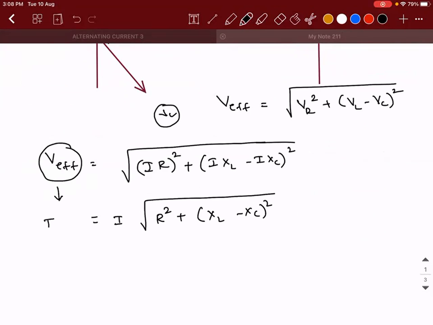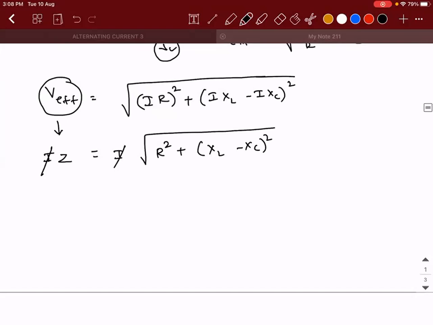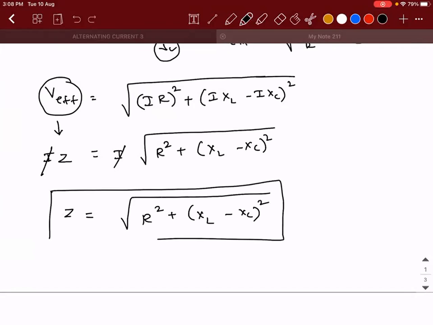So V effective in this case will be I into Z, where the I and I will get cancelled. Then Z will be equal to root of R square plus XL minus XC the whole square. So this is going to be the value of impedance of a series LCR circuit.